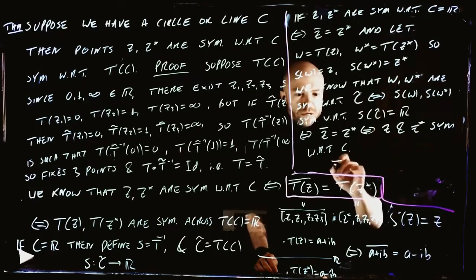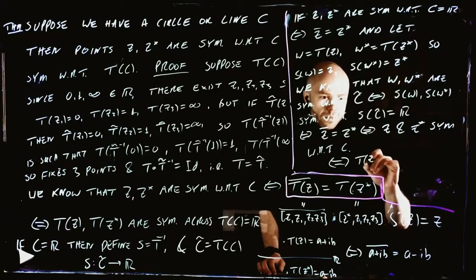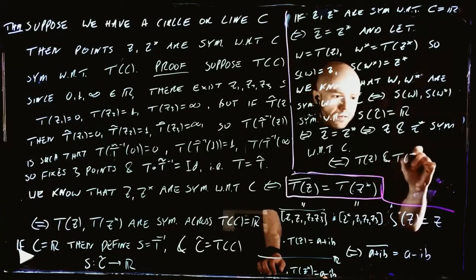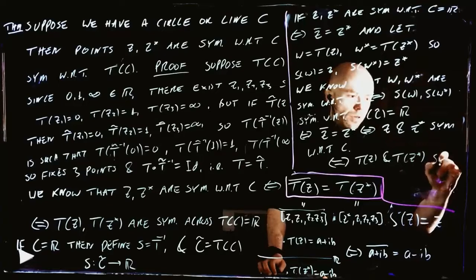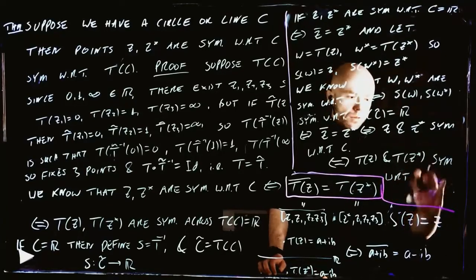So putting all these things together, this is the same as saying that T of Z and T of Z star are symmetric with respect to T of C.